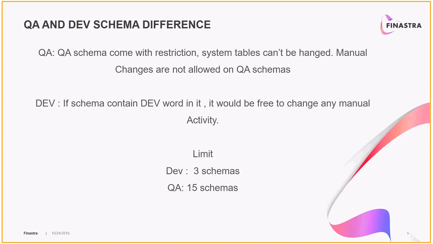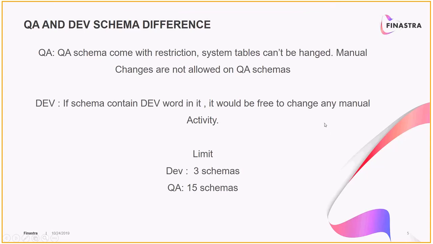It will say that you have reached the limit, and it will give you the list. Then you come to us, and we might ask you to drop certain unwanted schemas. But if dropping is not feasible, in certain situations we might allow additional schemas to be created.